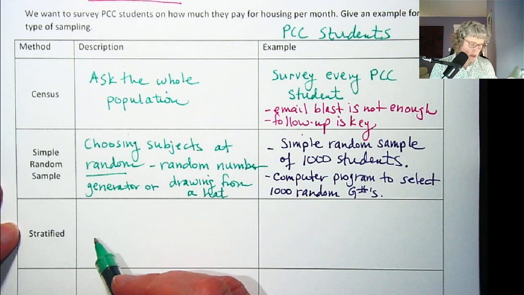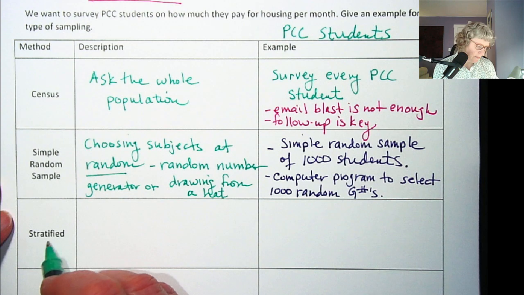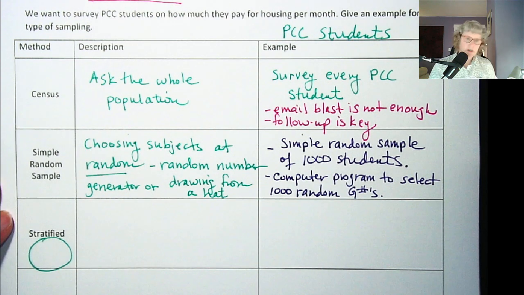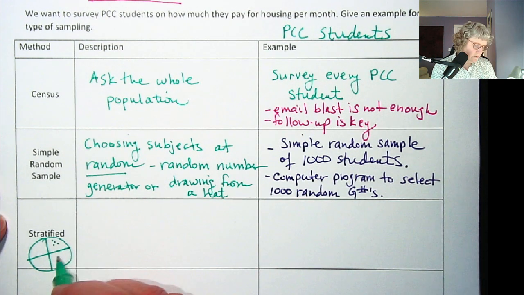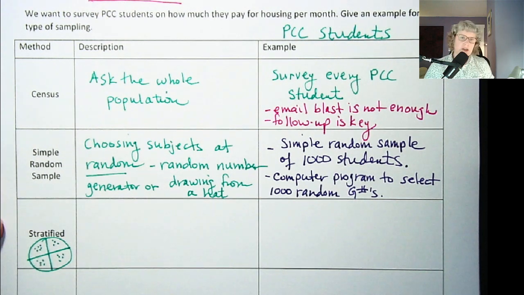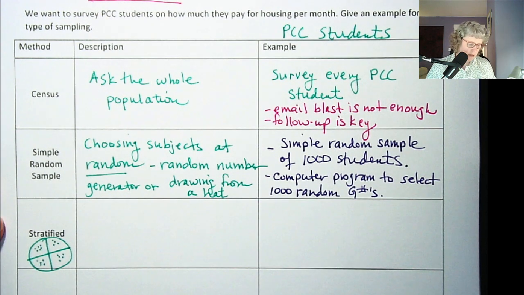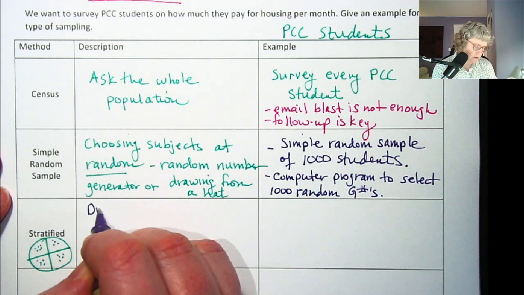So I'm going to draw a picture. Let's say our population is a circle, and then I'm going to divide it into 4 campuses. And then what we could do is take a random sample inside each group, and that's called stratified. What you do with stratified is you divide your population into groups. Usually it's a natural division.